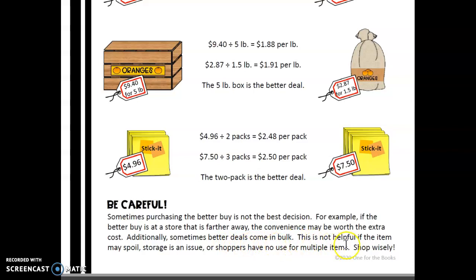This is not helpful if the item may spoil, storage is an issue, or shoppers have no use for multiple items. Shop wisely. Or if I have only 2 people living in my house and I buy a big box of something or a big can, it's probably not the best idea unless I have a way of freezing it.